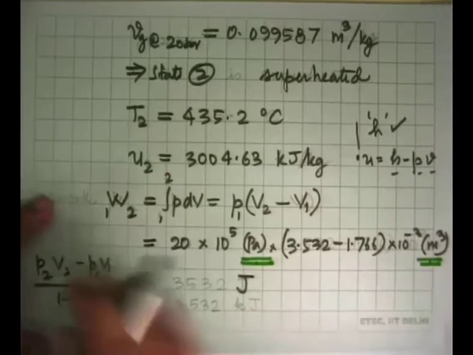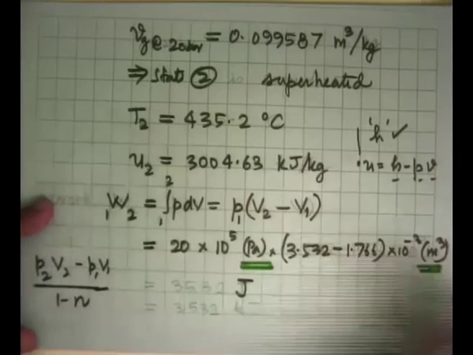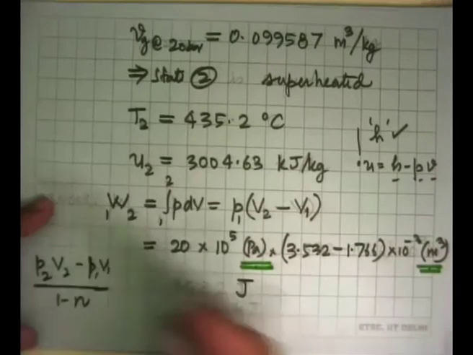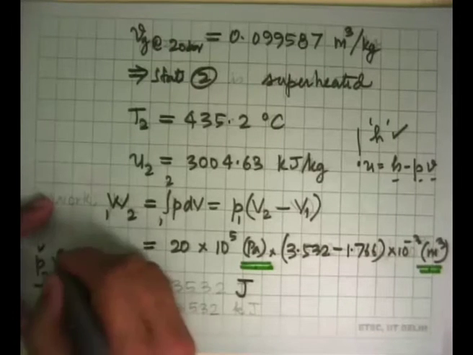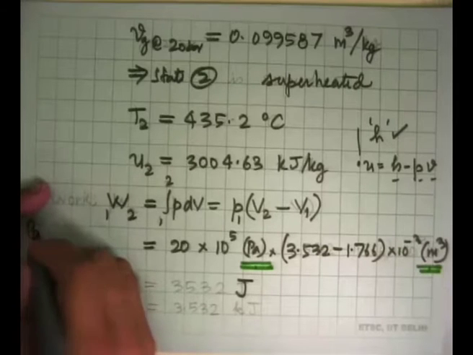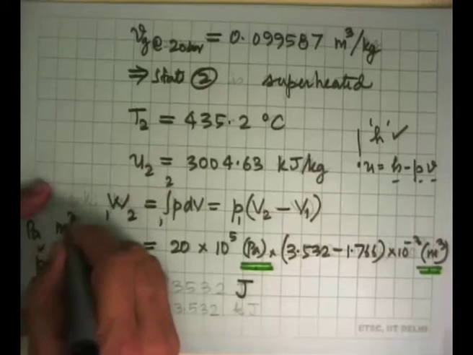And remember, this was independent of the working substance. So even though we had water here, if we said that the water was undergoing a polytropic process, this would still have been okay. But we have to make sure that P2 is in Pascal and V2 is meter cube.